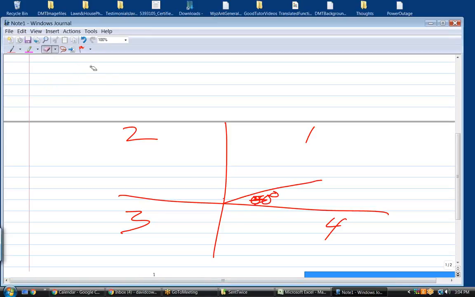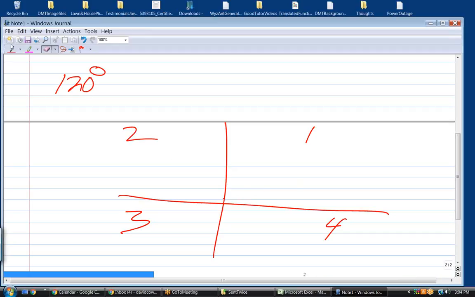But if you said 120 degrees, well, that's different. I go around 90, then another 30, there's the ray. In other words, there's my 120 degrees. What's the reference angle?